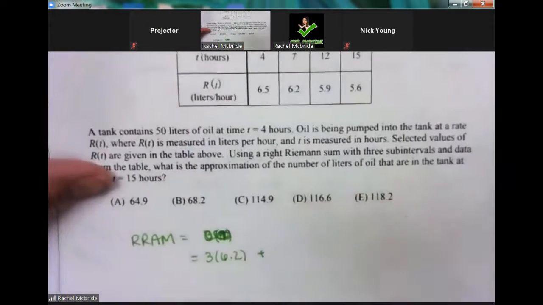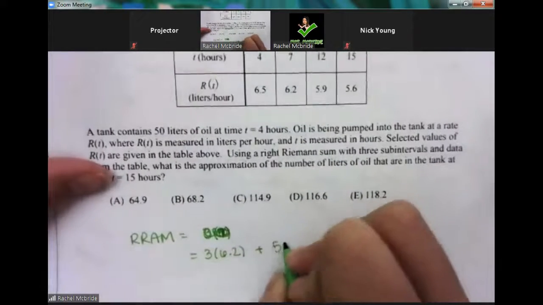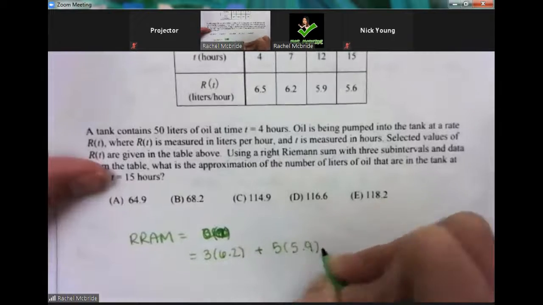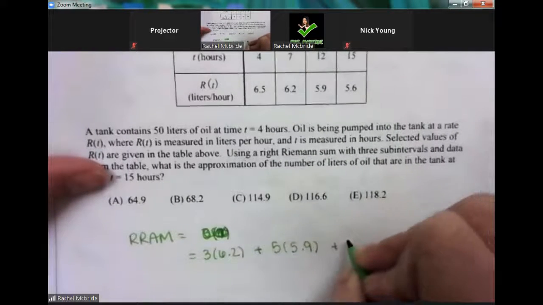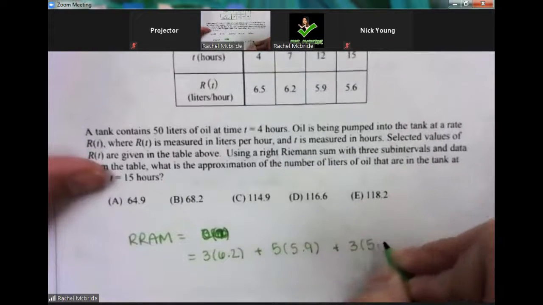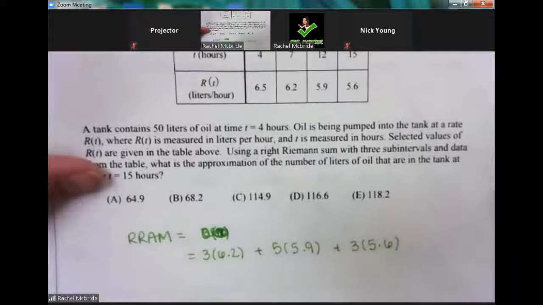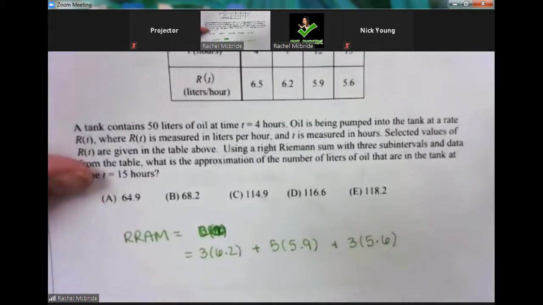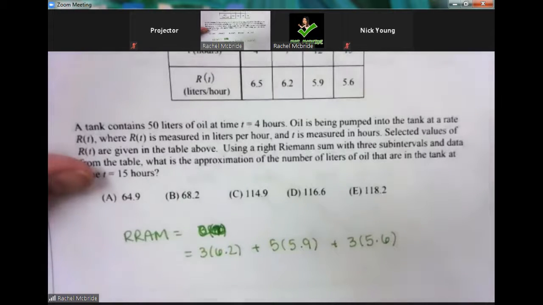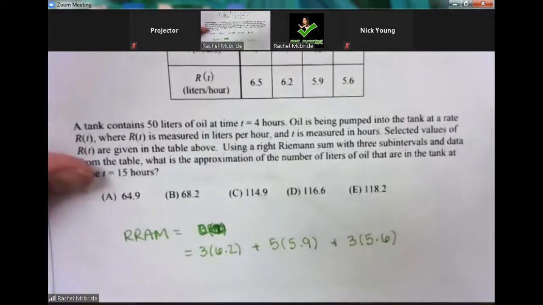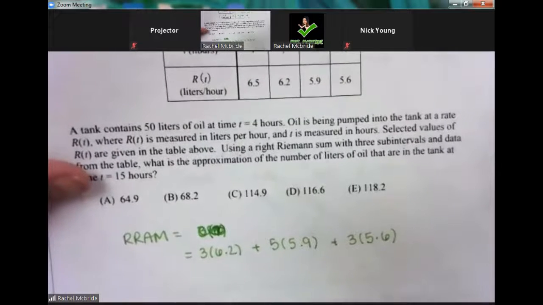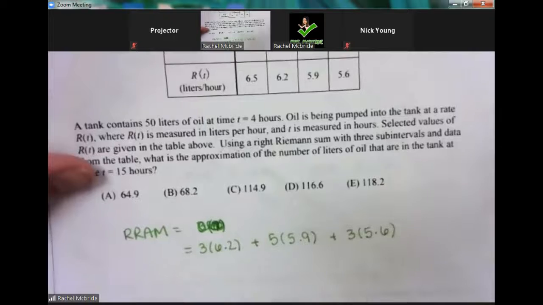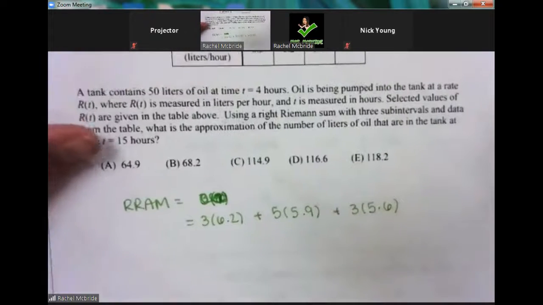And then you would do 5 at 5.9 and 3 at 5.6. And then you would have to multiply this together. So 3 times 6 is 18.